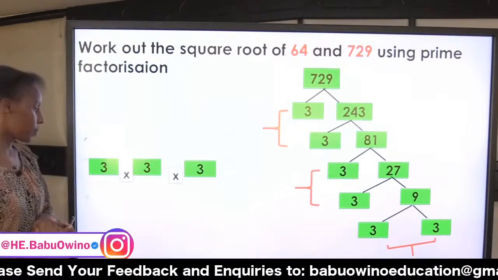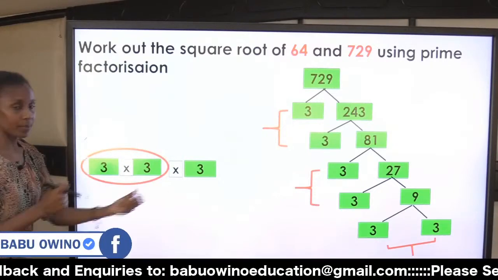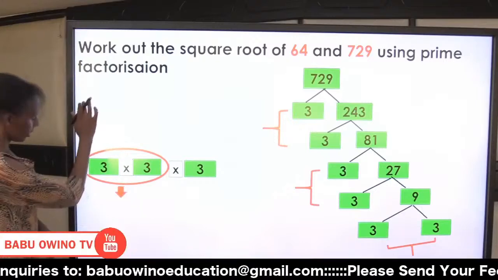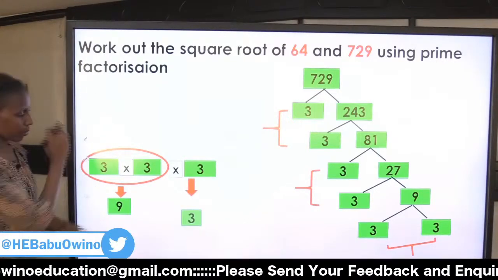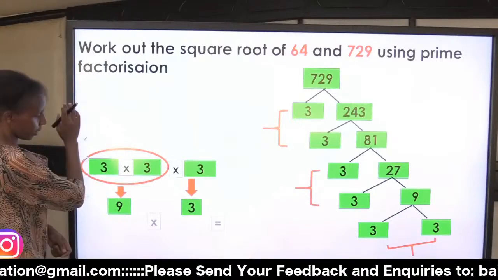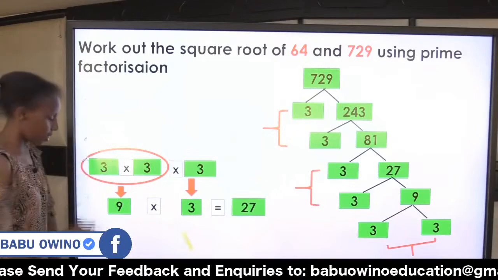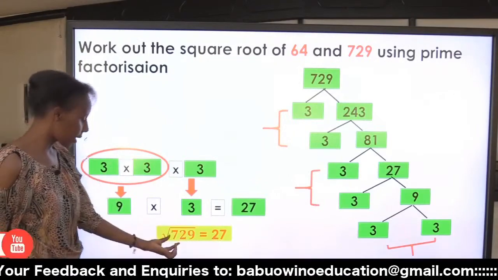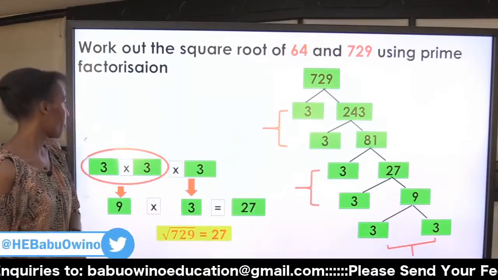I'm supposed to multiply, and therefore I take the first 2. 3 times 3, I get 9, and then the product I multiply with the other 3 to get 27. So I can say that the square root of 729 is 27.